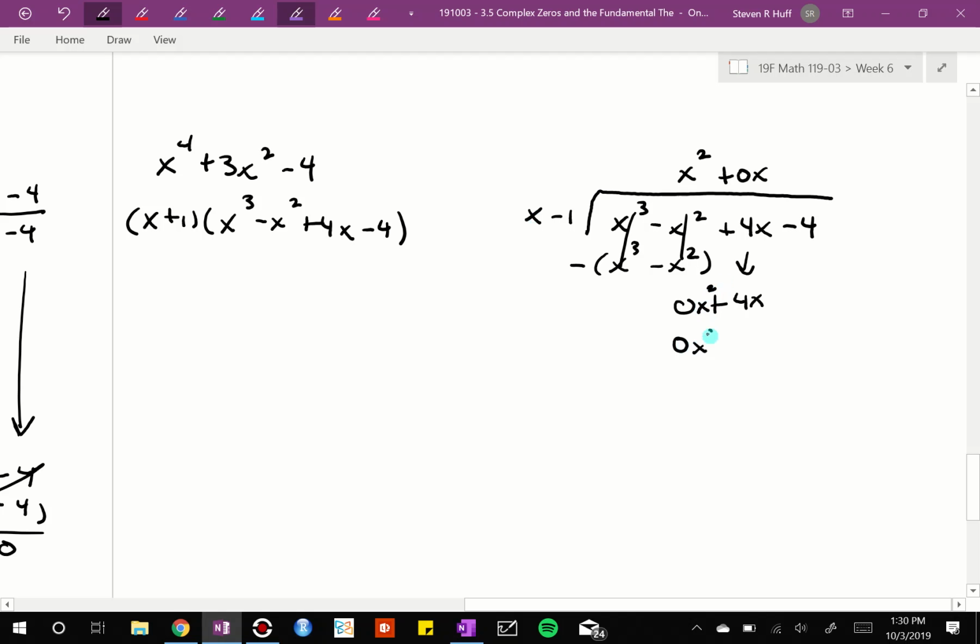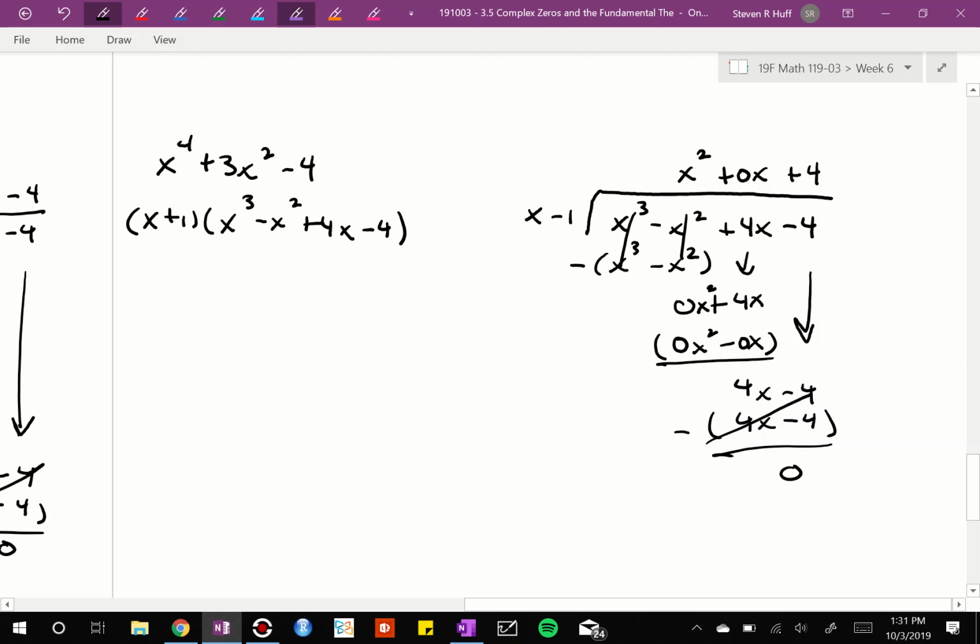This would be 0x squared minus 0x, which is then 4x here. Bring this down, minus 4. And this would be a positive 4 here. So we get 4x minus 4. Subtract those, adds up to 0.